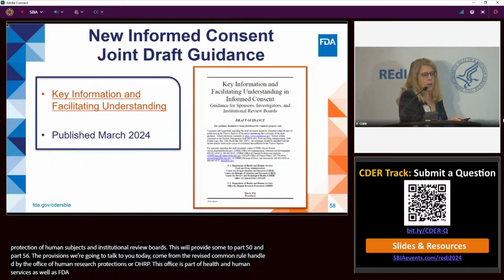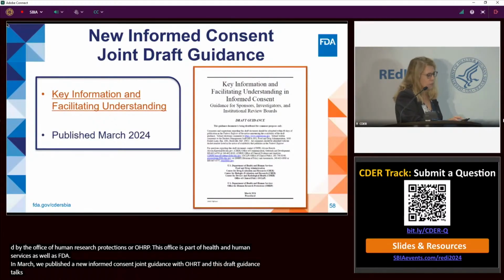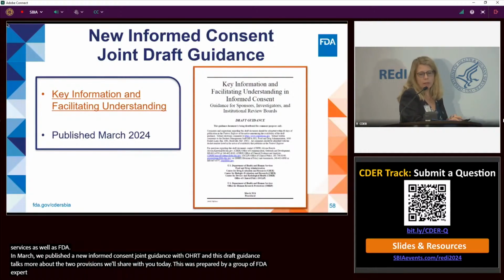In March, we published a new informed consent joint draft guidance with OHRP, and this draft guidance talks more about the two provisions we'll share with you today. It was prepared by a group of FDA experts with multiple product centers, as well as OHRP. We also consulted with patient representatives for further input.